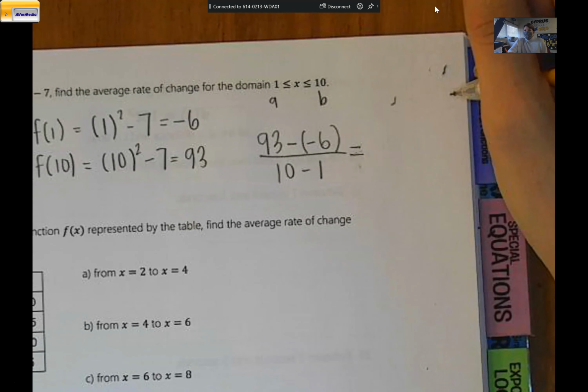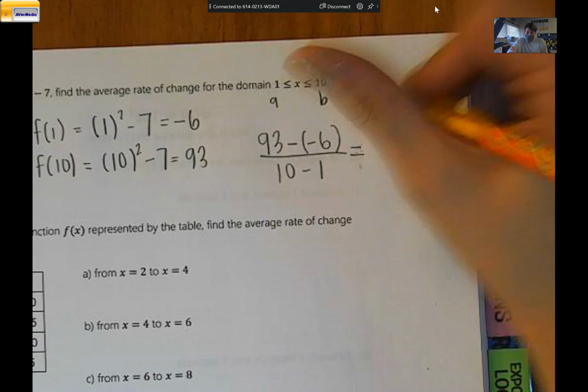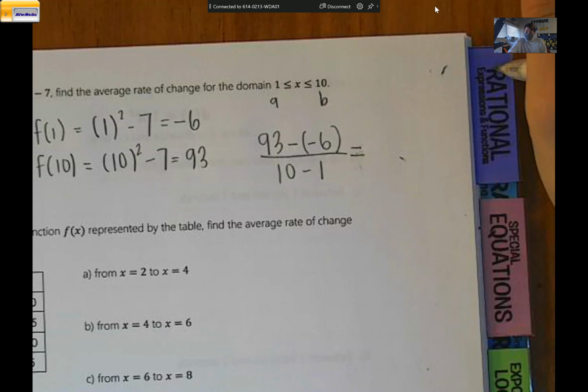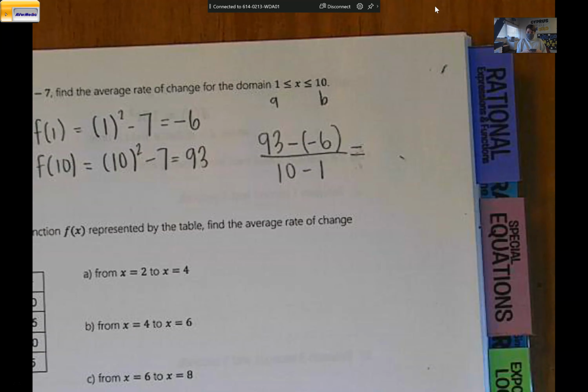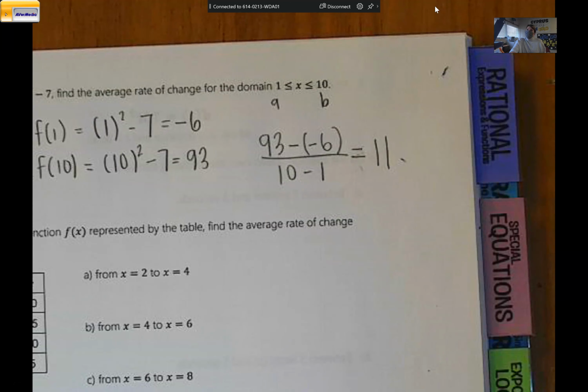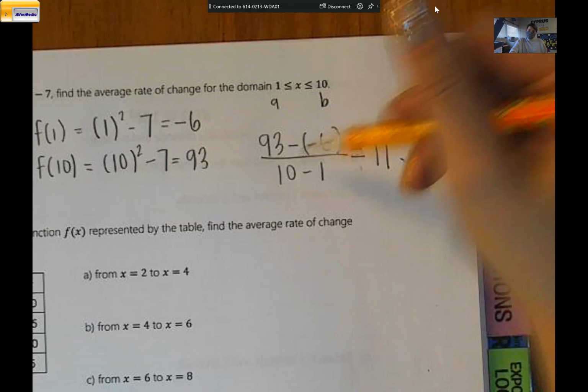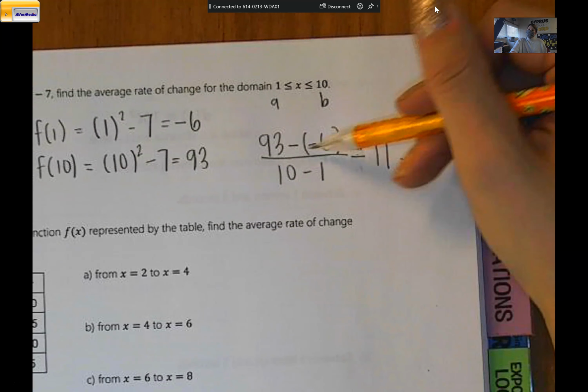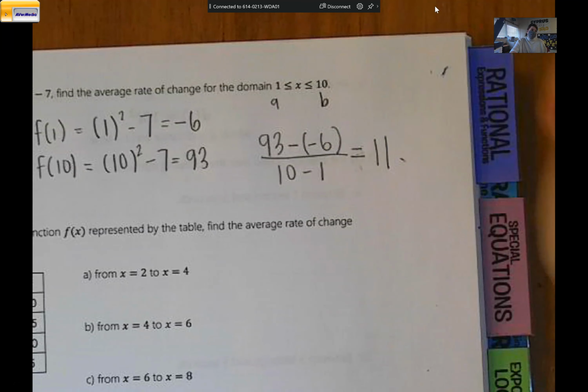Okay. It's a little extreme. What did you guys get? Oh, 9.6 is not right. I also got 11. So in this case, I just recommend that you leave it as the minus negative.